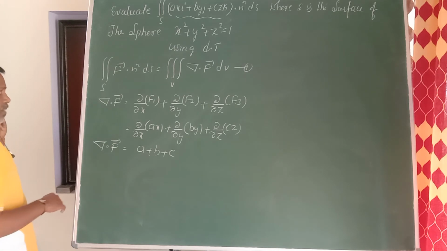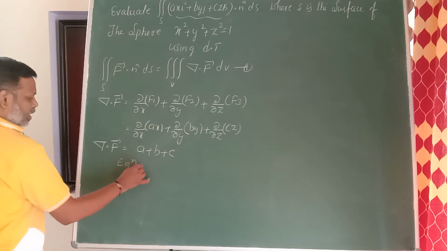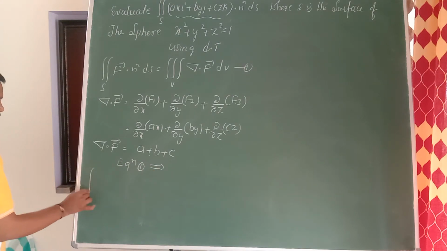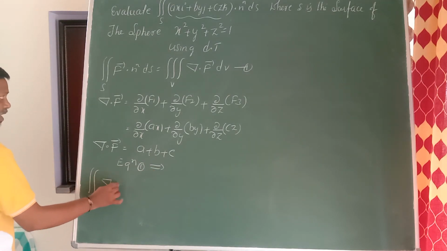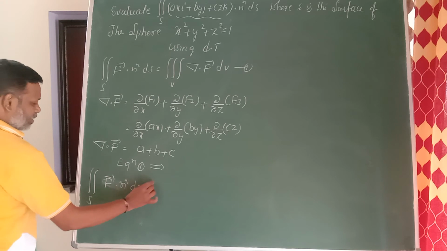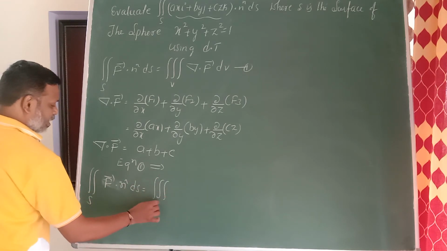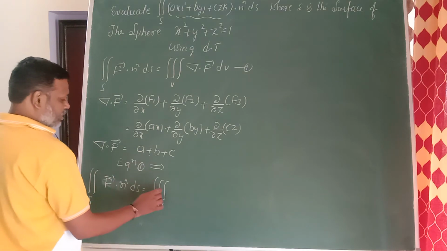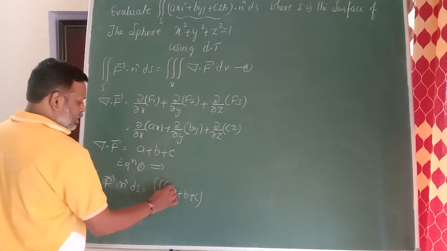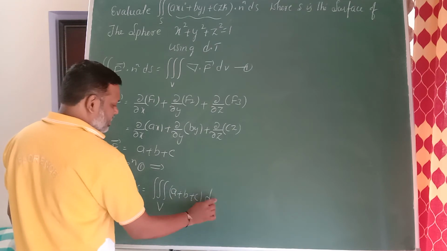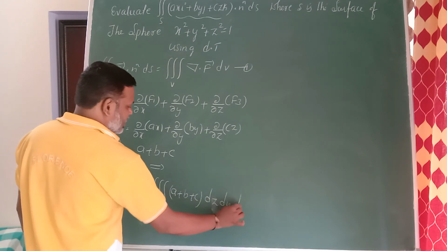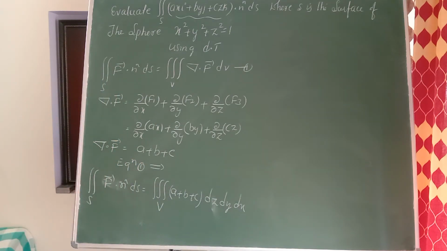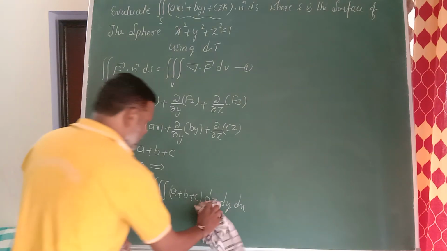Therefore, equation 1 becomes: the double integral over surface S of F dot n cap into dS is equal to the triple integral over volume of del dot F, which is a plus b plus c, into dV. dV is nothing but dz dy dx, or simply you can take it as dV itself.